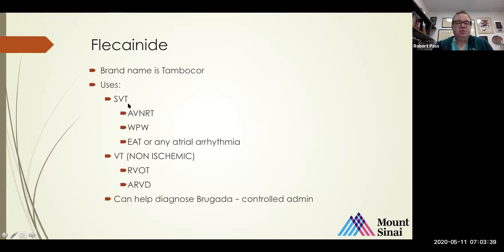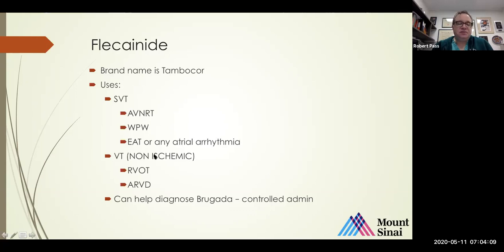It can be used pretty much for any kind of arrhythmia, AVNRT, WPW-related tachycardias, and of course, ectopic atrial tachycardia or EAT or any atrial arrhythmia. I think in pediatric use, it would be fair to say that that has been the most common usage of this agent. Oftentimes, ectopic atrial arrhythmias are only responsive to flecainide. And that's disappointing, but it is the fact, and I'll go over why it's disappointing in a moment.